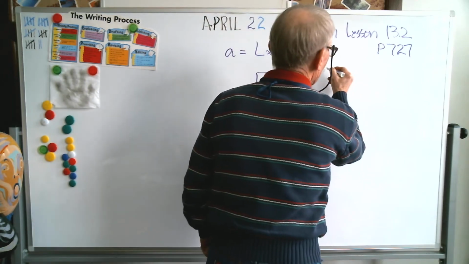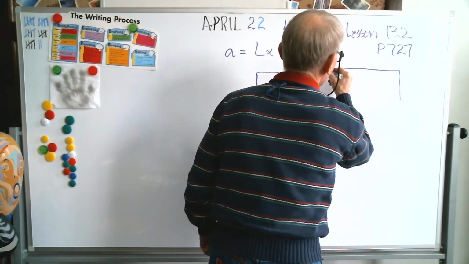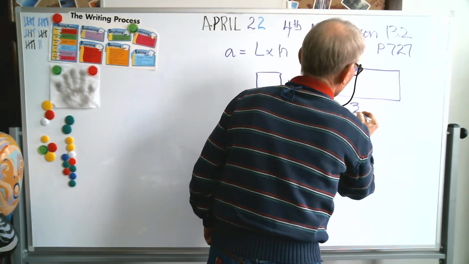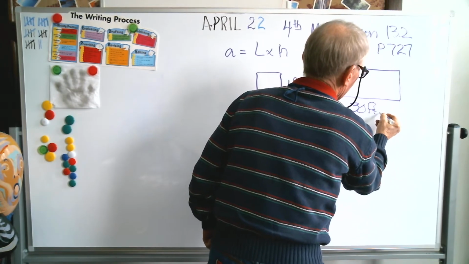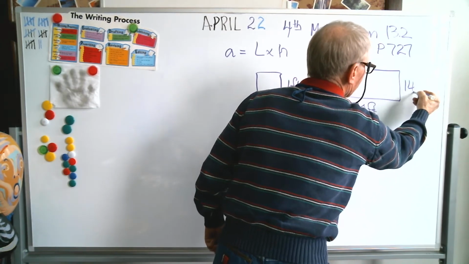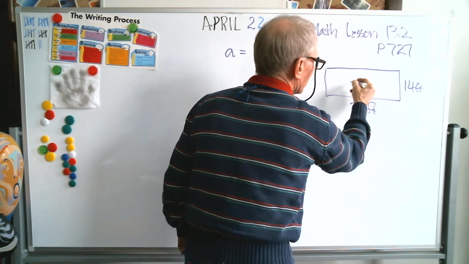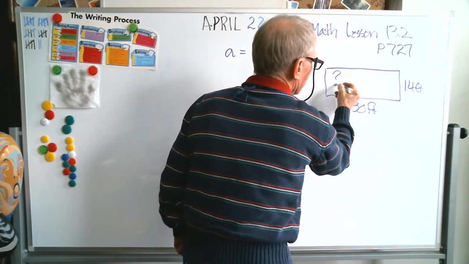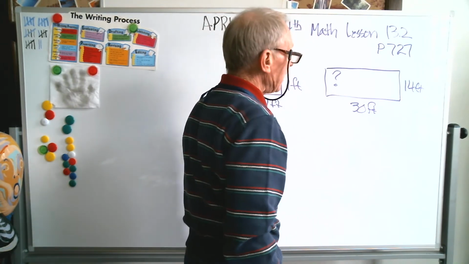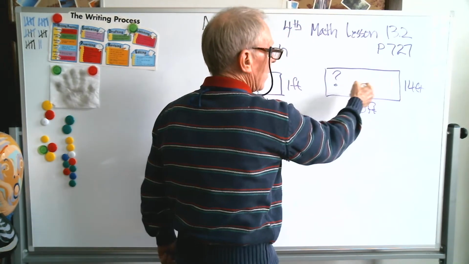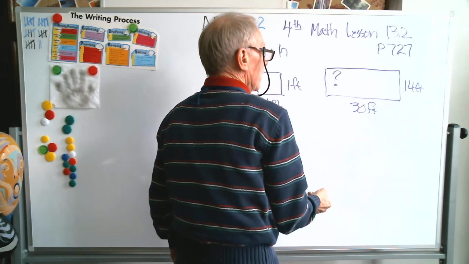So now we've got a yard, and it measures 30 feet by 14 feet. So we're going to multiply, because we need to find how many square feet are in his yard.